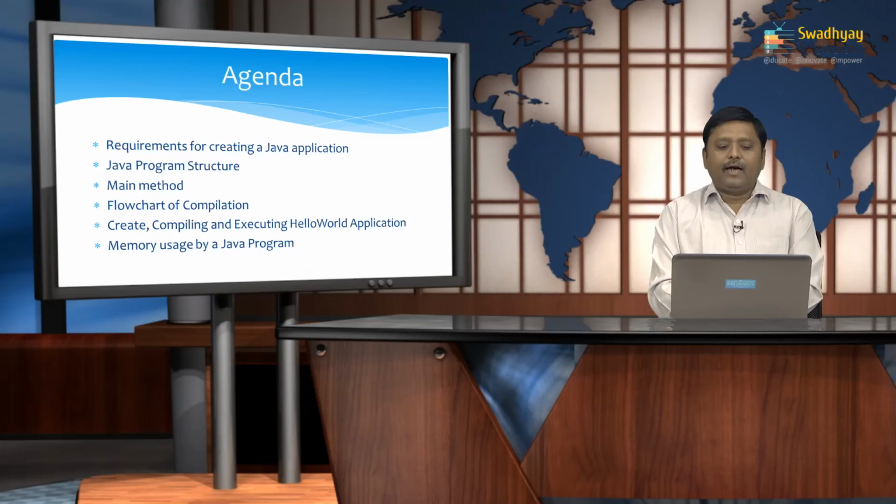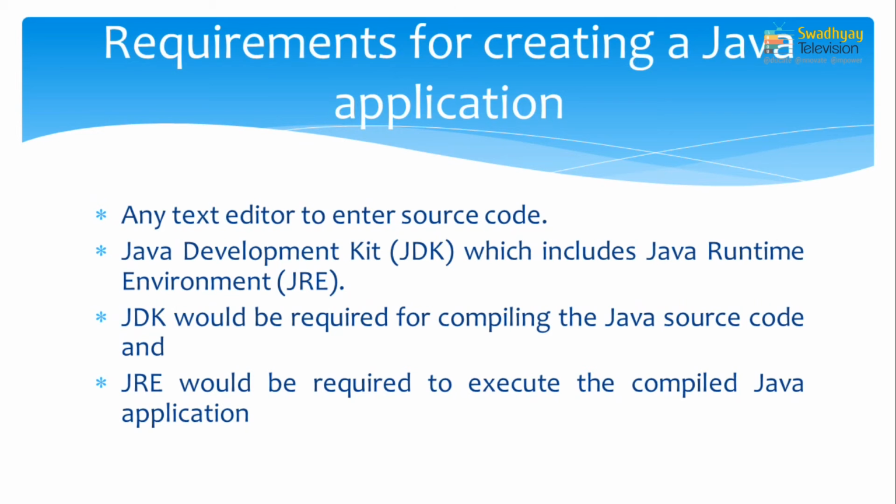So, we start with the requirements of creating a Java application. For creating a Java application you require any text editor to enter source code. Examples of text editors are Notepad, and VI editor in Linux, that you can use to write your Java program, but they do not provide any features like syntax highlighting, automatic code completion, etc. For this reason we use NetBeans IDE.